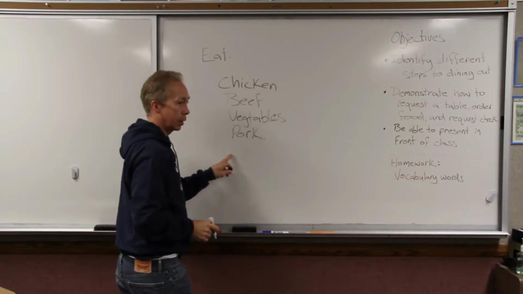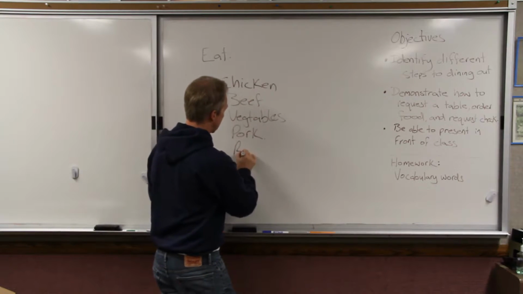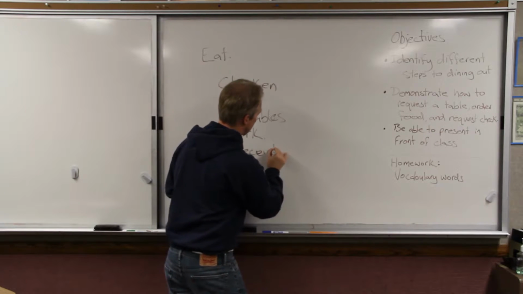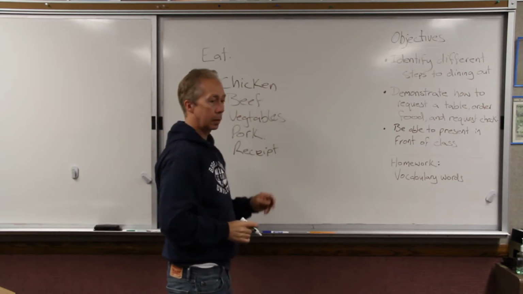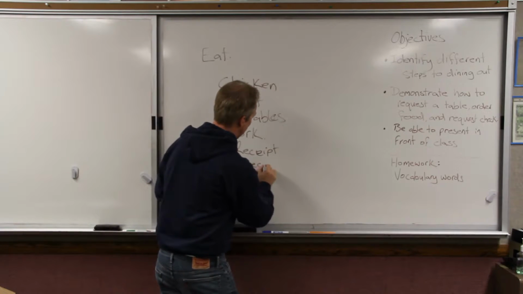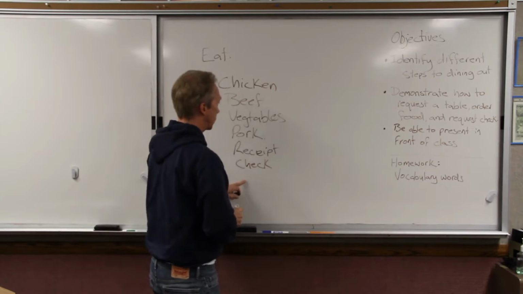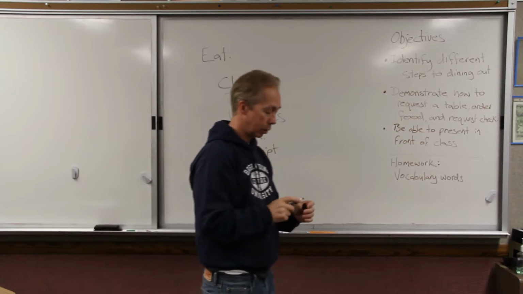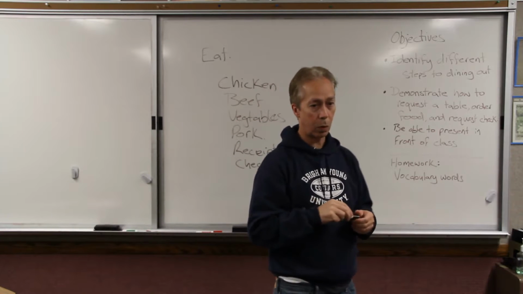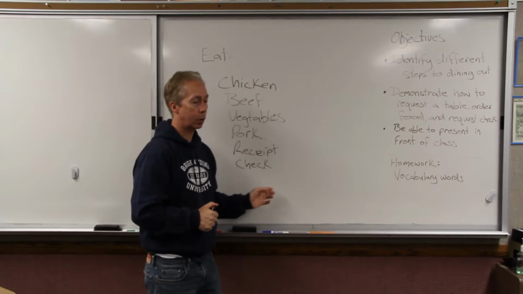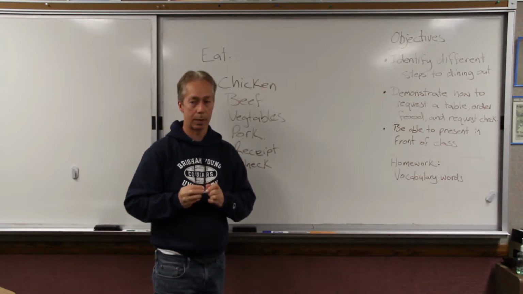All right, there is a receipt. All right, check. All right. So that's some of the words in your vocabulary list that everyone has been working on. We're going to utilize those in examples today of when you're ordering at a restaurant.